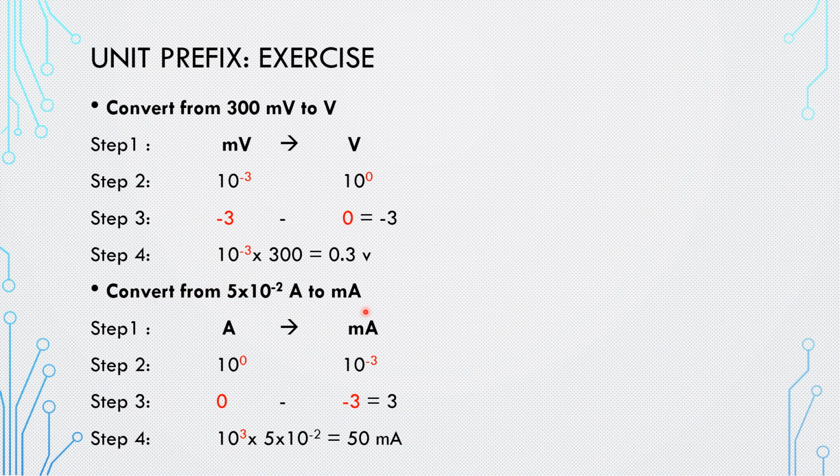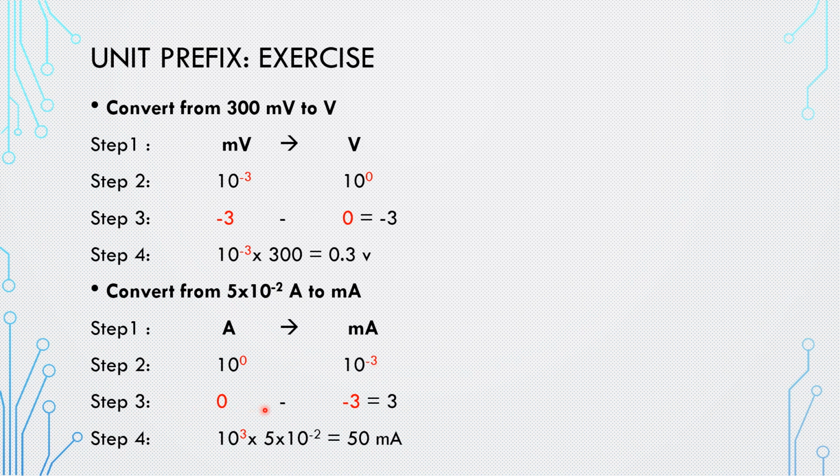Similarly, in this case I'm converting from ampere to milliampere. So be careful here, I'm only looking for the letter, I don't care about what the number is. So I'm converting from ampere to milliampere. Ampere, as we know, is 10 to the power 0, milliampere is 10 to the power minus 3.